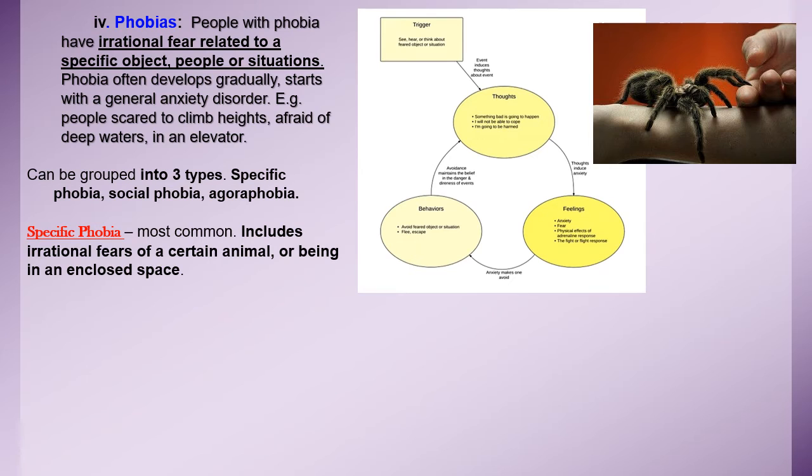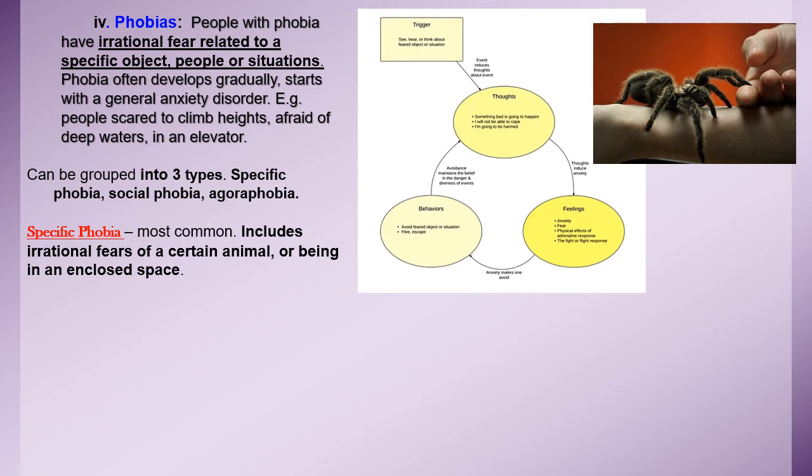Suppose a person is afraid of spiders. The moment he or she sees a spider, hears about a spider, or even thinks about a spider, it triggers. This event induces thoughts: something bad is going to happen, I will not be able to cope, I'm going to be harmed. These are the thoughts, that is the processing.